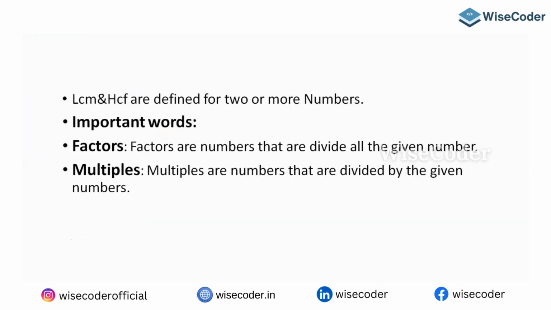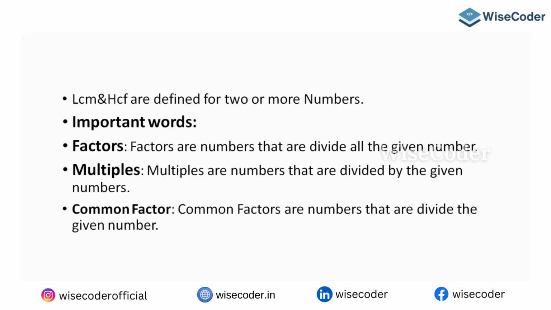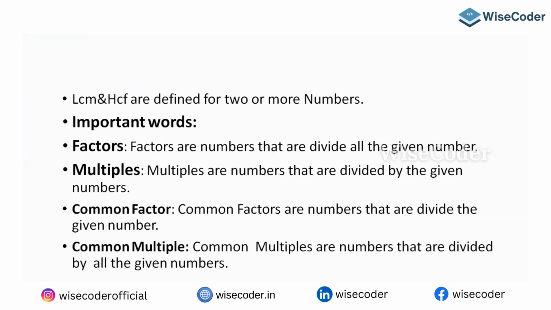Multiples are the numbers that are divided by the given numbers. Common factors are the numbers that divide the given numbers. So please, these are the important words. Pause the video and try to capture the data.